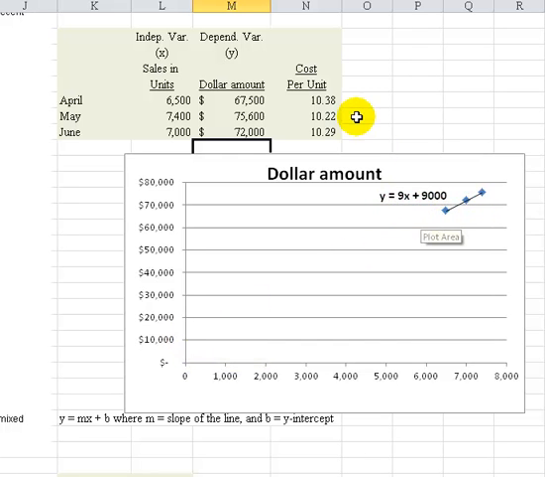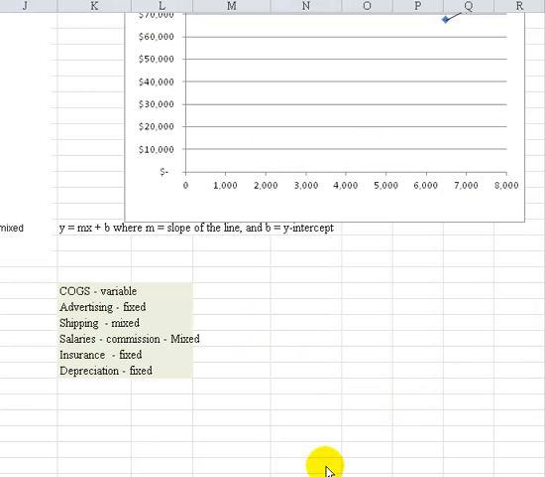But since it's not exact, again, with cost per unit, it's a mixed cost. Okay, so on the screen now you see which costs were variable, which were fixed, and which were mixed. Salaries included commissions, and it was a mixed cost. Insurance and depreciation were fixed.